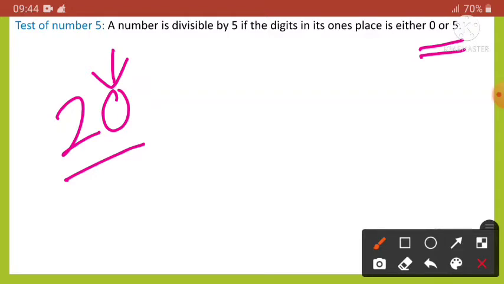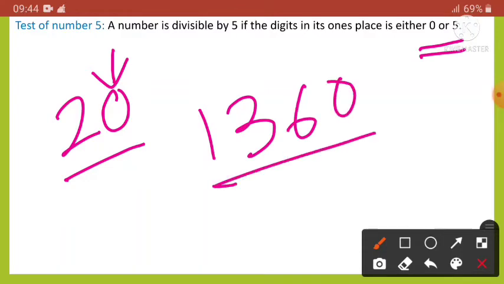Here it is 0, so we can say easily it is divisible by 5. If I take another number, suppose 1360, is it divisible by 5? Yes, at the ones place it is 0, so it is exactly divisible by 5.